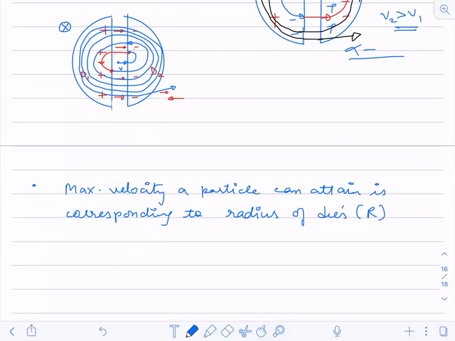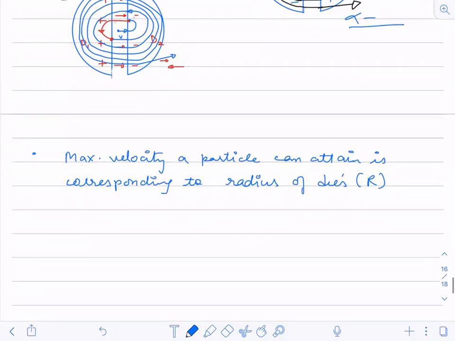Okay, so what will the final velocity be? First calculation, the final velocity. The velocity equation we calculated day before yesterday.